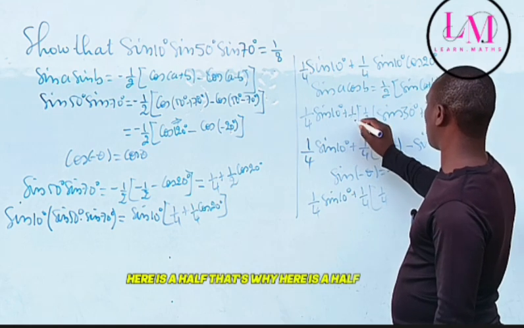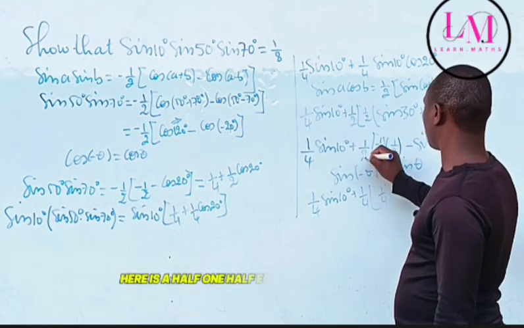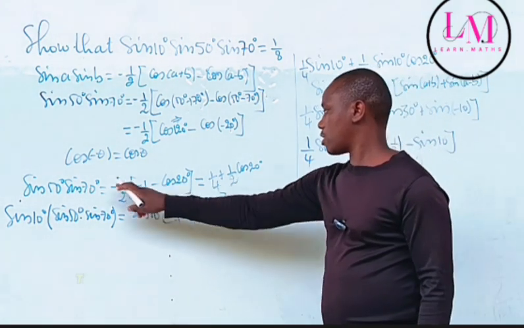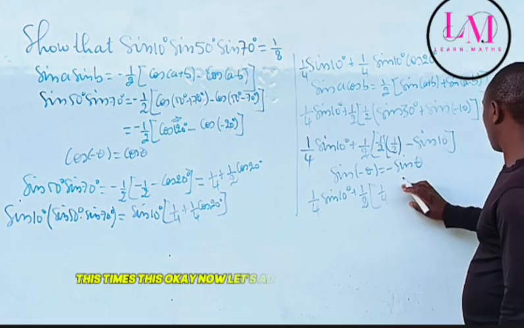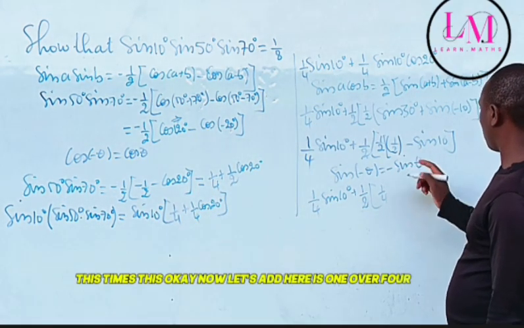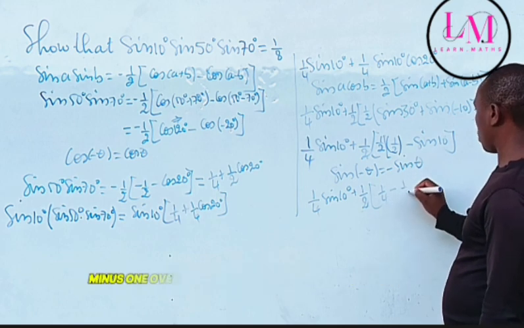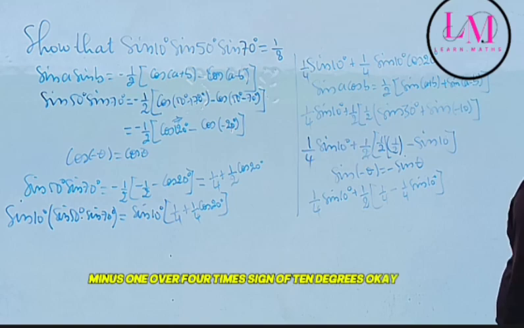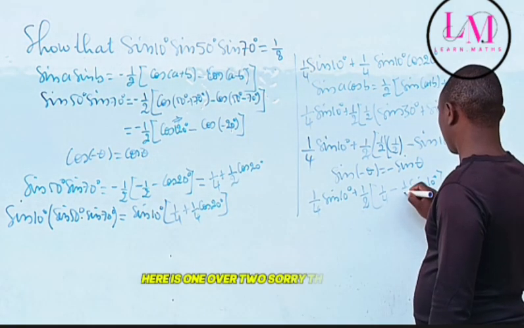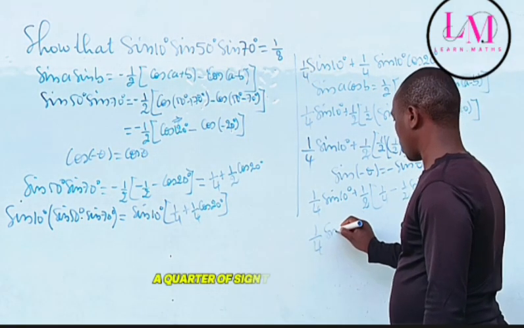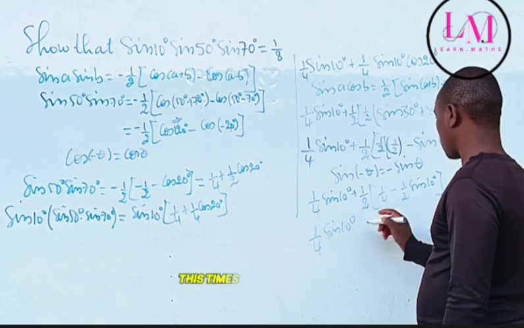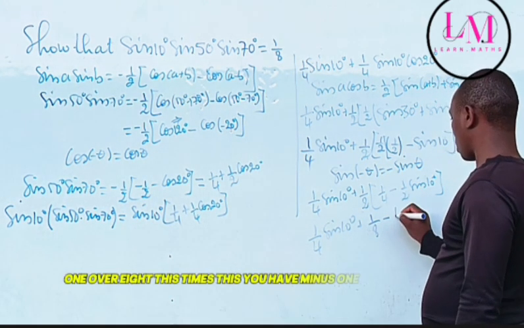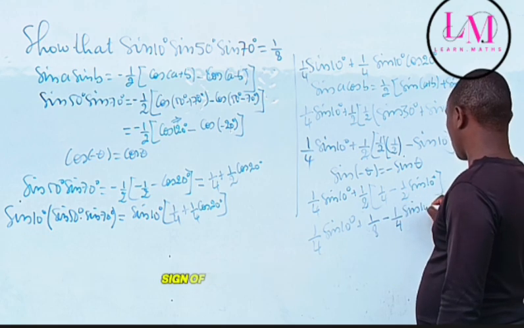Now let's expand: a quarter of sine 10 degrees, this times this is plus 1 over 8, and this times this we have minus 1 over 4 sine of 10 degrees.